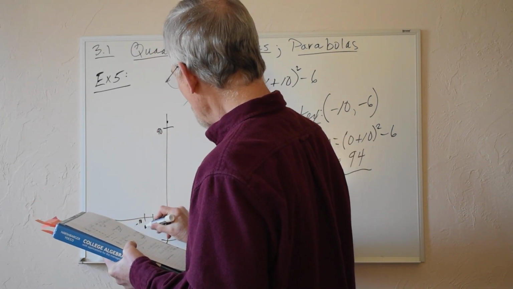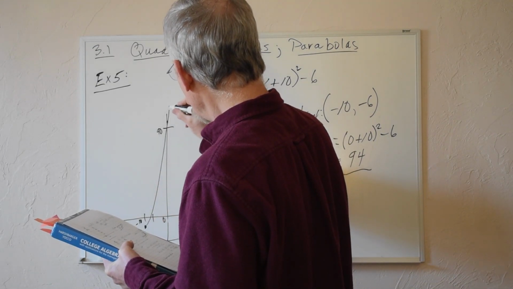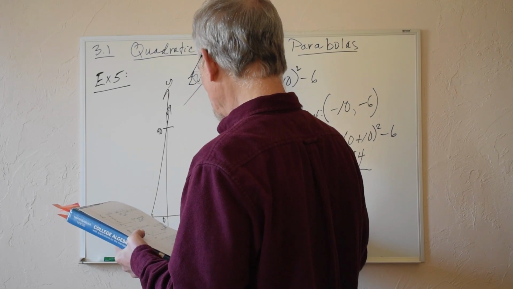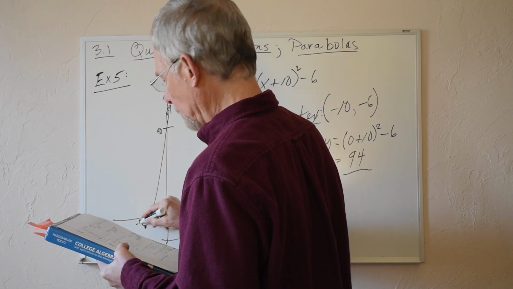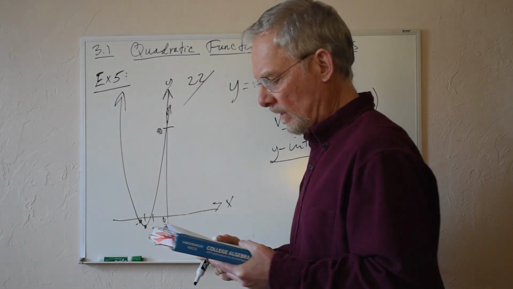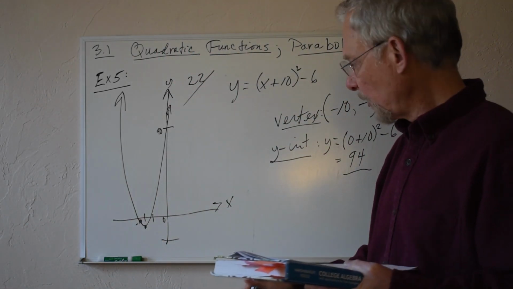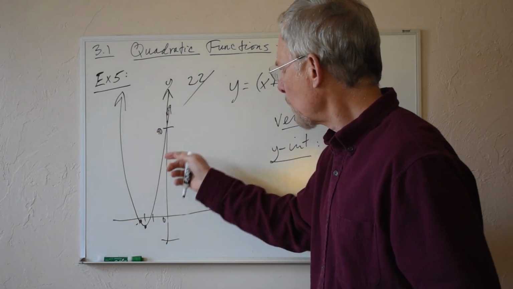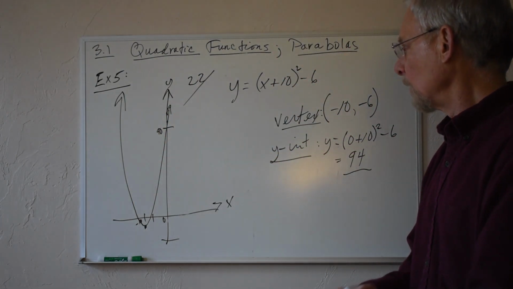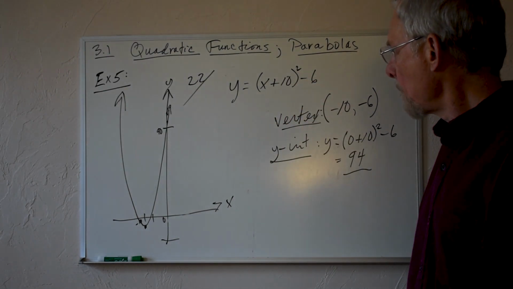So I have a tall, skinny parabola that opens upwards like that. Even though we haven't located x-intercepts, we still have a pretty accurate drawing. So that's certainly a good graph of that parabola.